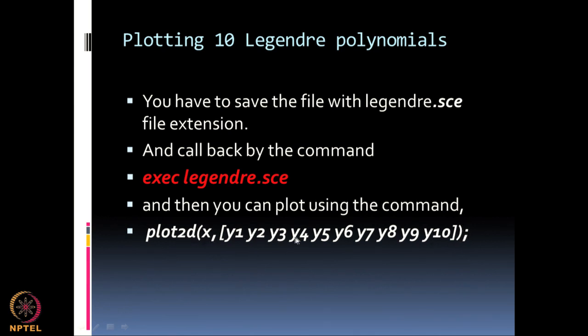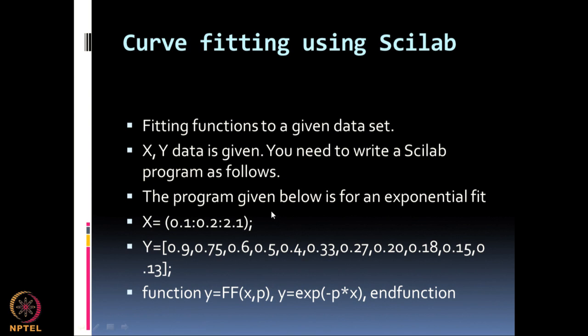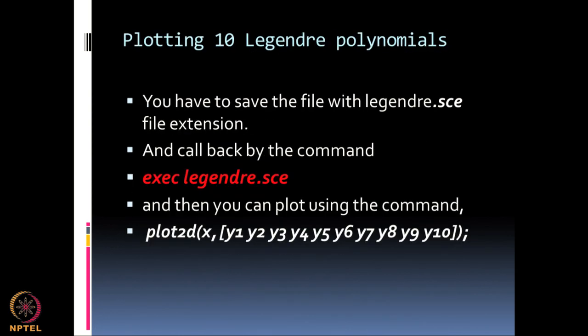So, this will plot all the functions. Let us see whether I have this, I do not have it, we will execute it in reality when we do the demonstration part of Scilab. So, this is the plotting function.